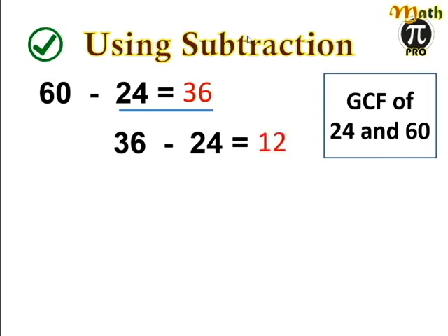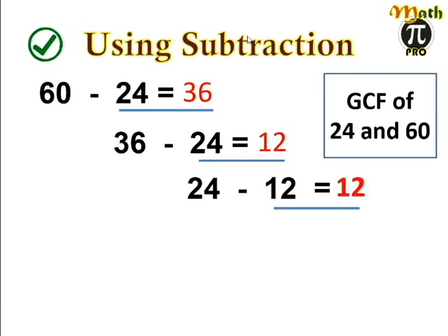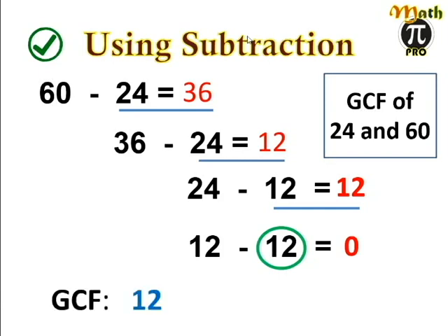So 36 minus 24 is 12. Then, we subtract again, 24 minus 12 is 12. Finally, when we subtract 12 by 12, you'll get 0. So the GCF is 12.